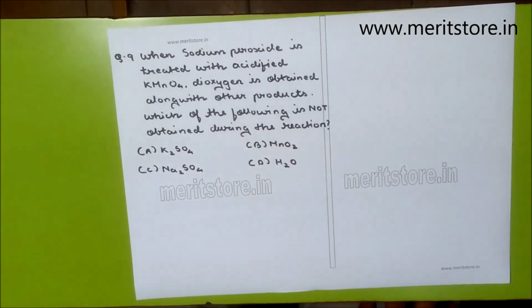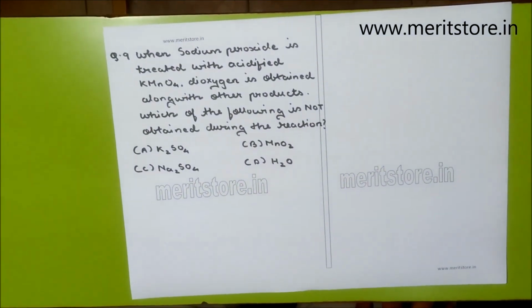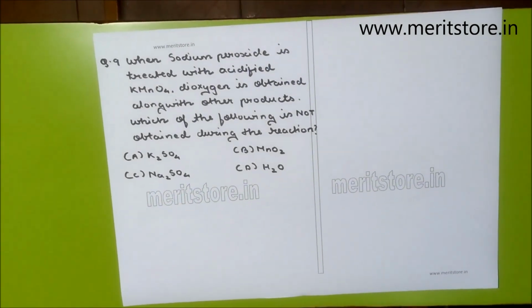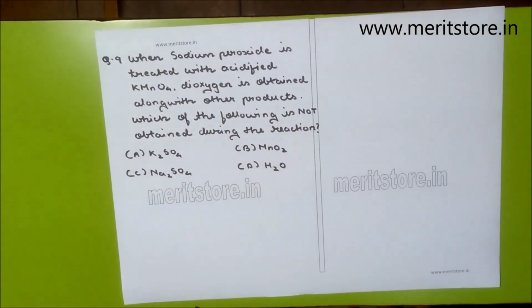Question number 9. When sodium peroxide is treated with acidified KMnO4, dioxygen is obtained along with other products. Which of the following is not obtained in the reaction?